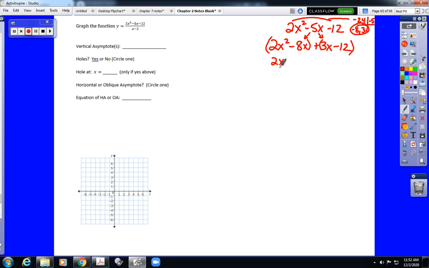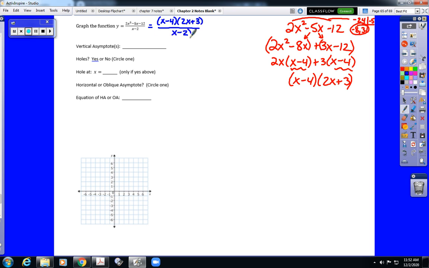I can take a 2x out of the first one, leaving me with x minus 4, and a 3 out of the second one, leaving me with x minus 4, which means that factors into x minus 4 and 2x plus 3.